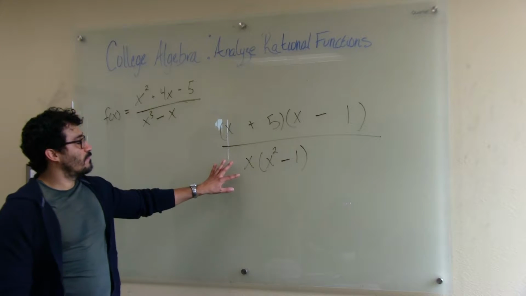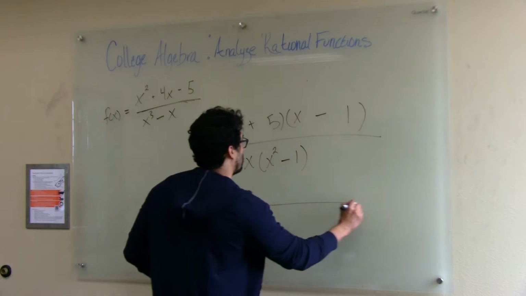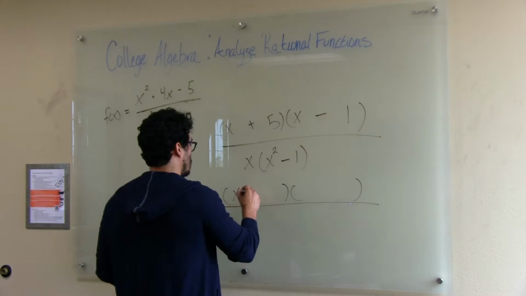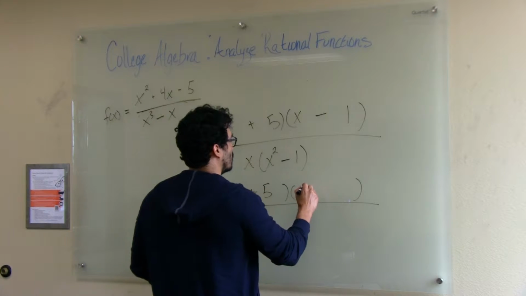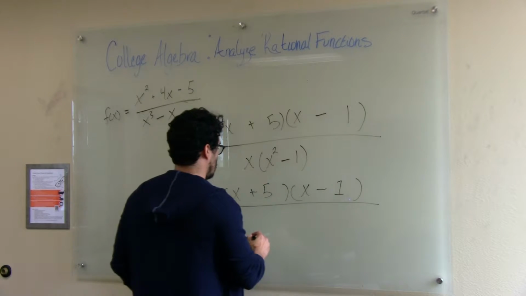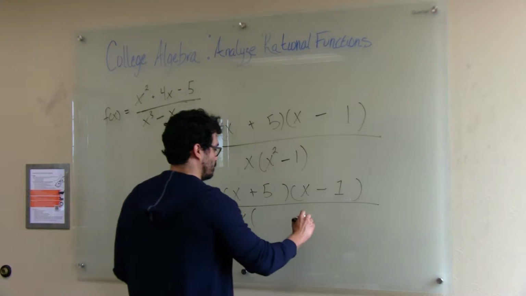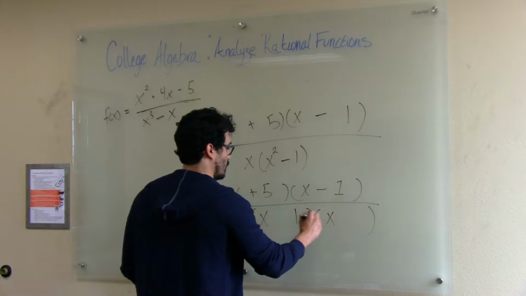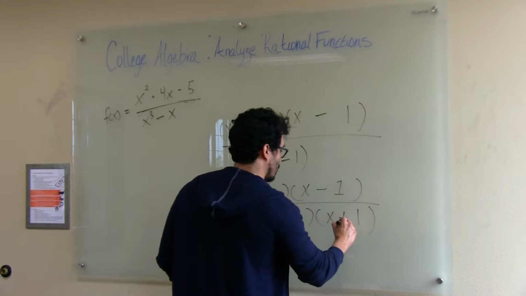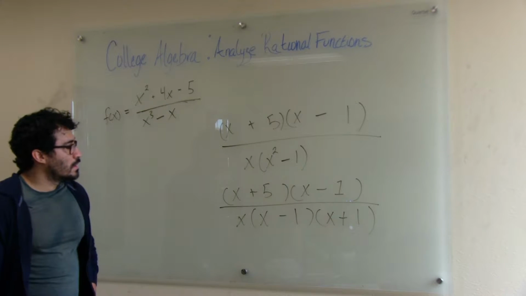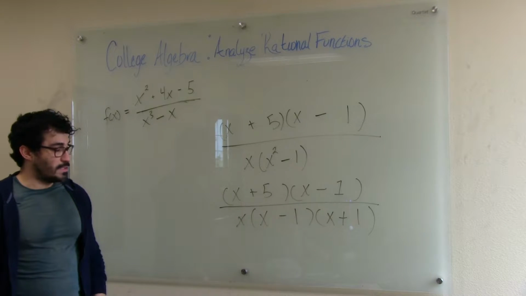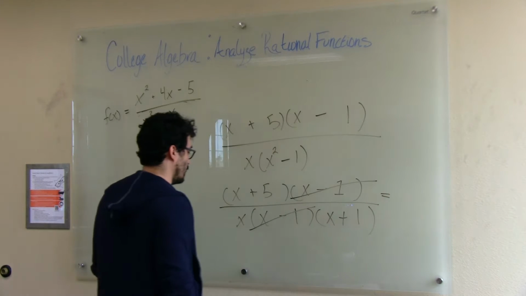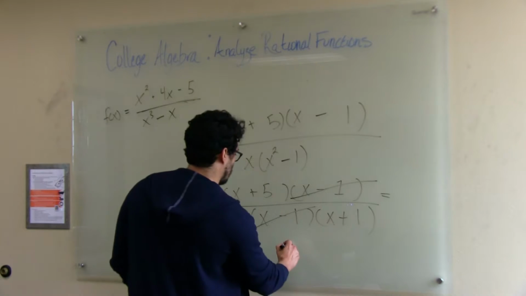And yet the denominator can be factored one more time, to be this, and here we have two components that are exactly the same, so those two cancel out. And we're left with this.